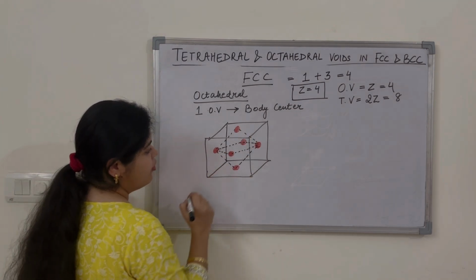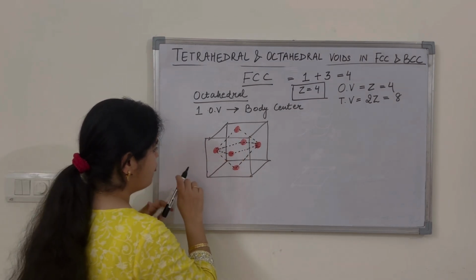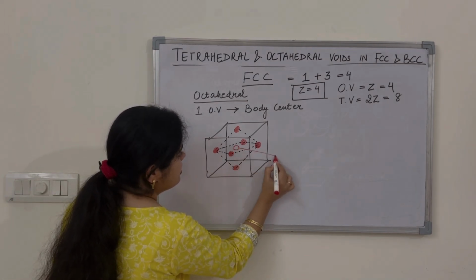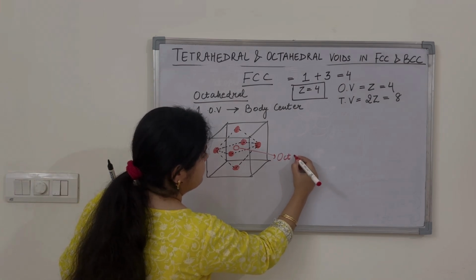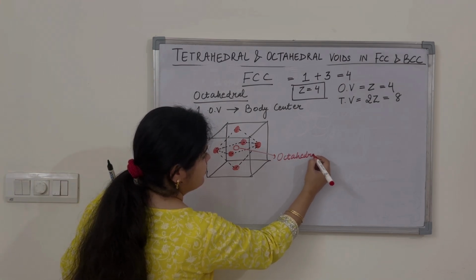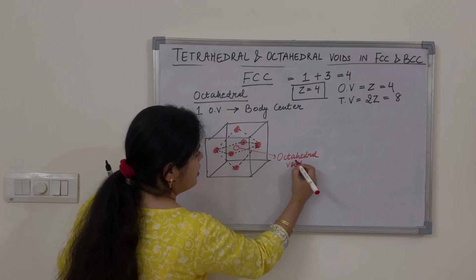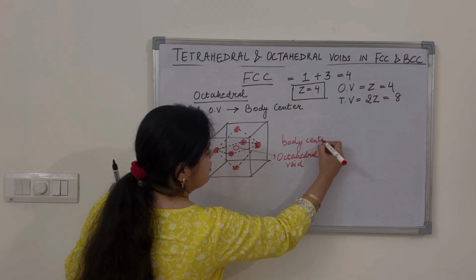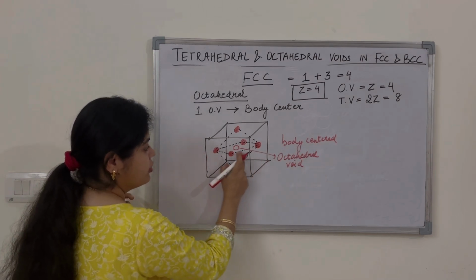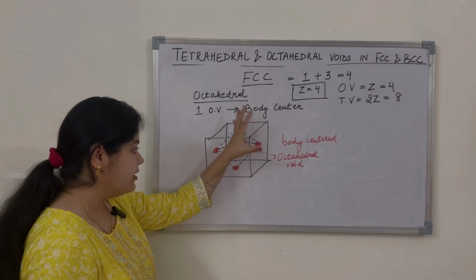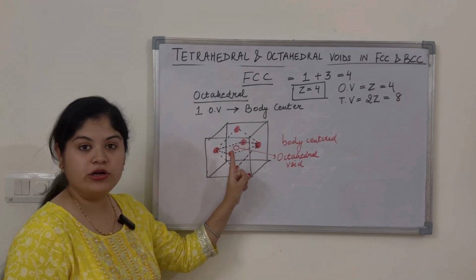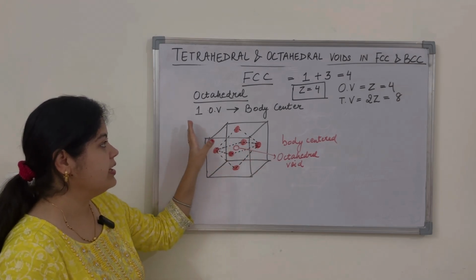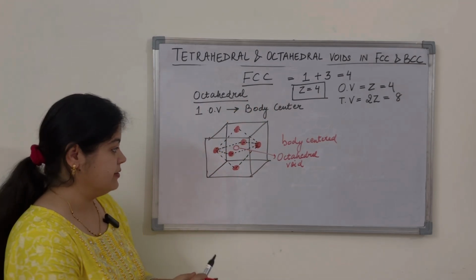So this forms an octahedron, and the void created as such is an octahedral void, which is body centered. So this is a body-centered octahedral void, and one unit cell has one body center. So there is one body-centered octahedral void in one unit cell of FCC.